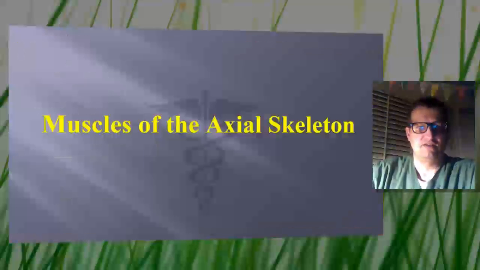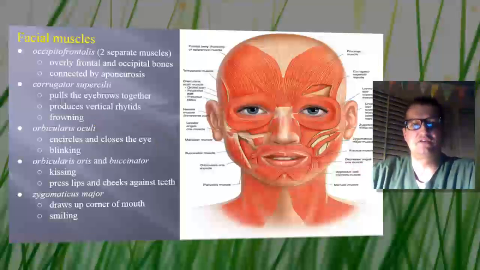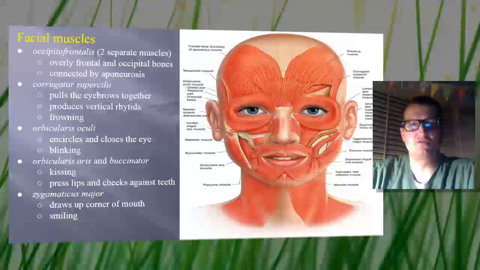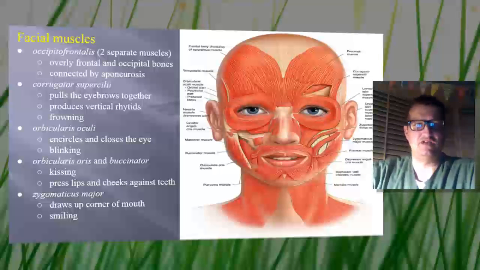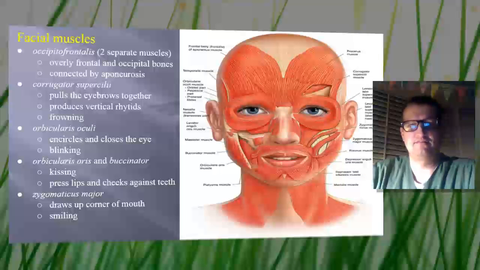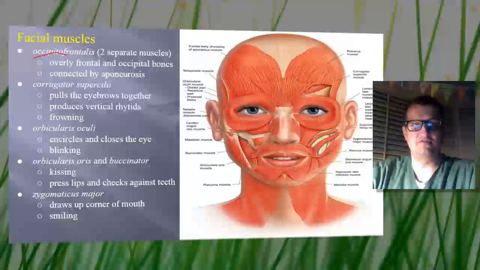Okay, the rest of the lecture is going to focus on muscle groups. It involves a lot of memorization, and there's not a lot of explaining to do. The major facial muscle groups shown here include the occipitofrontalis, the occipital and frontal muscles, connected by an aponeurosis, which is here.